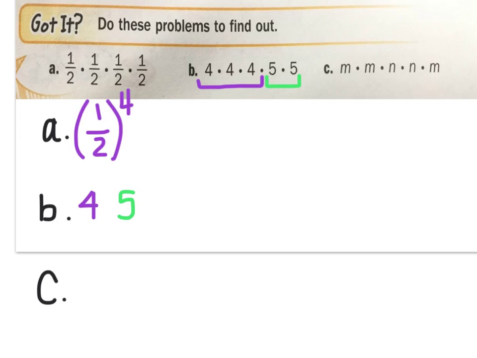I'm multiplying 4 times itself 3 times, and I have 5 multiplying itself twice. So my final answer is going to be 4 to the 3rd, 5 squared. Again, if you would prefer, you could also write it as such.